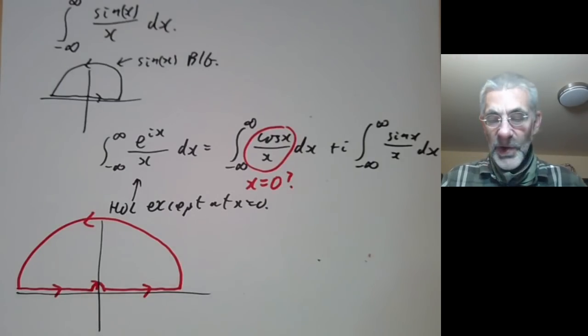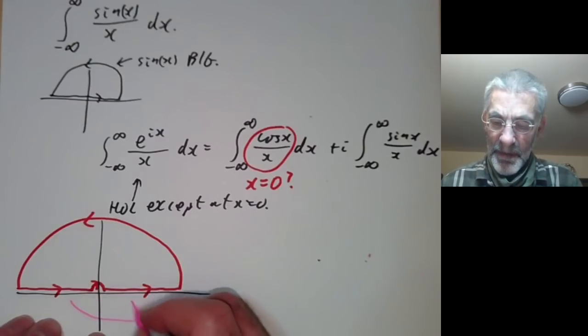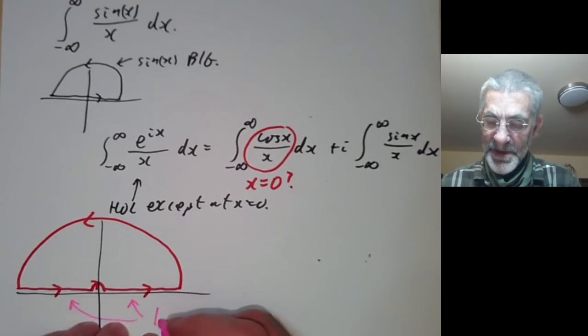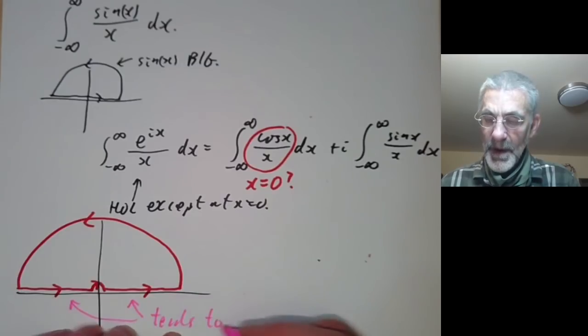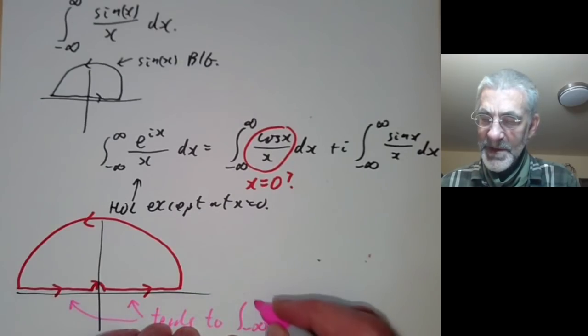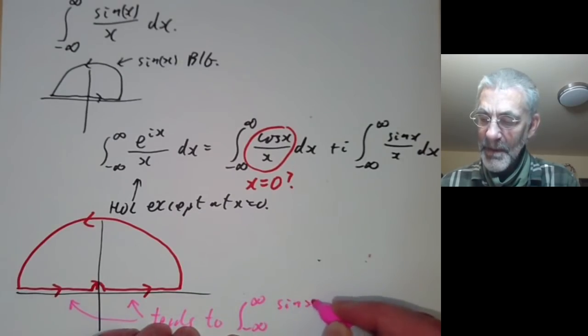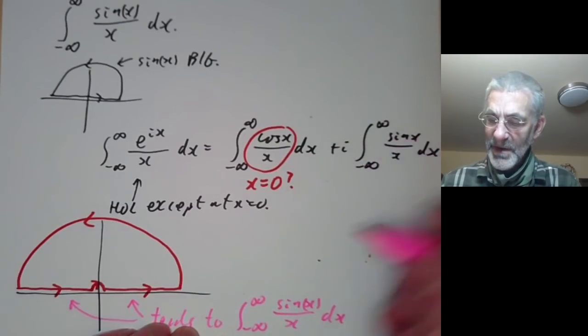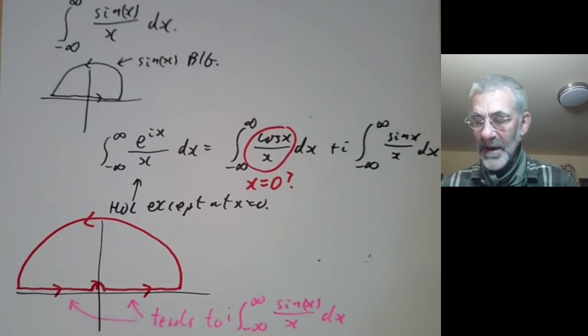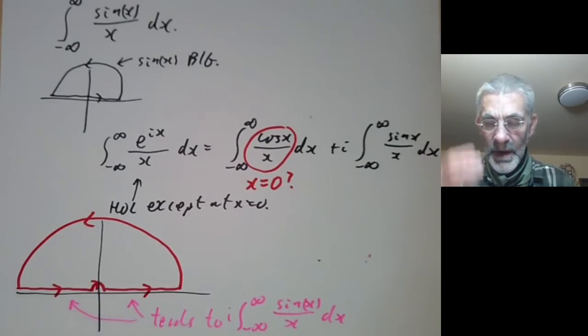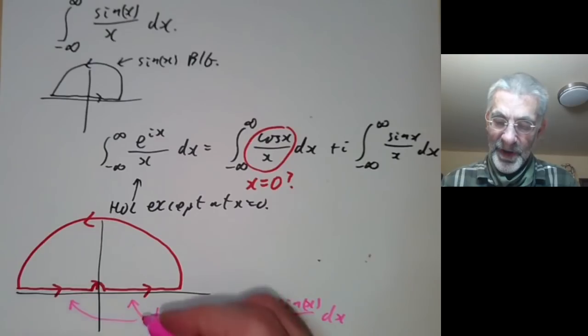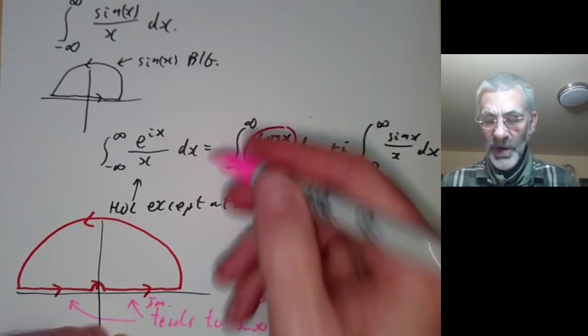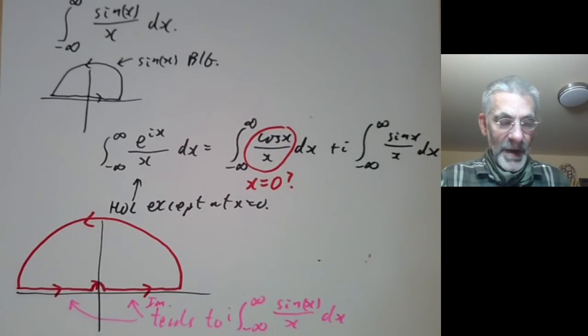Well, the integral along these two straight bits tends to the integral from minus infinity to infinity of sine of x over x dx, or at least up to factors of i. I guess it actually tends to i times that. At least its imaginary part tends to. Let's not worry about the real part for the moment.